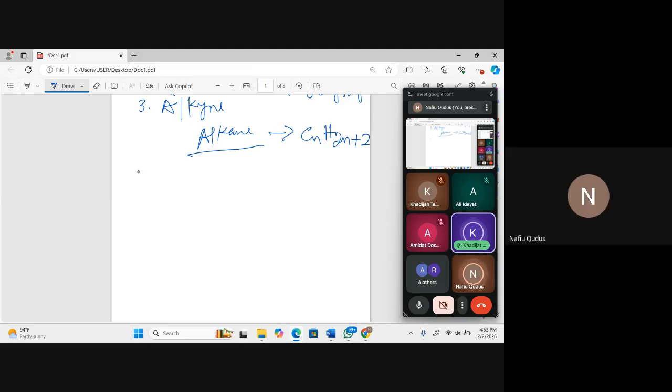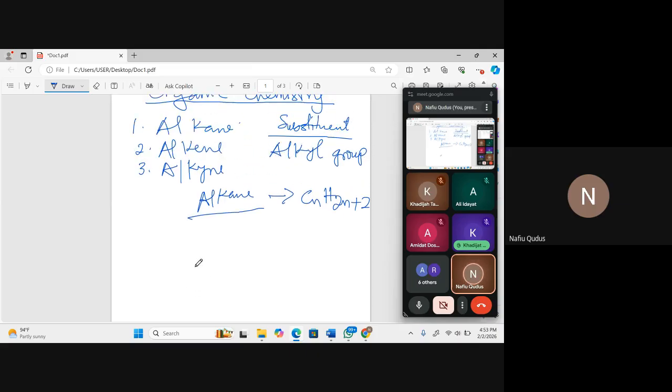So I said substituents are chemical species with unpaired electrons. And I gave you an example of these chemical species: they are alkyl groups. We still have other substituents, but we are still coming to them.